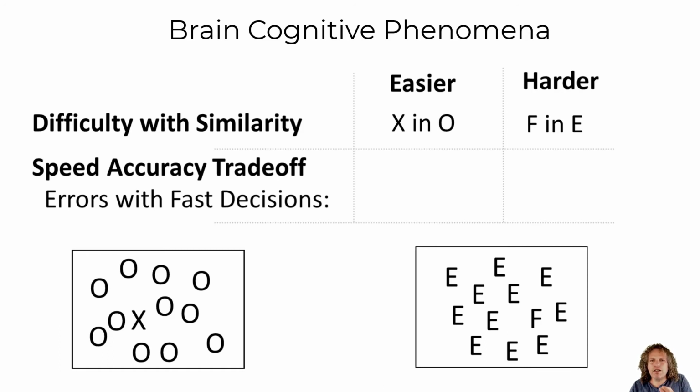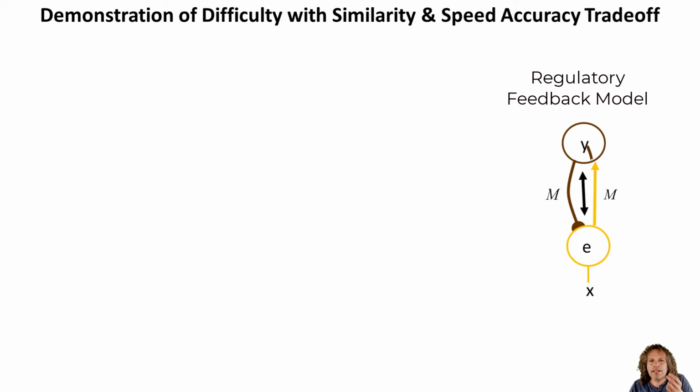Moreover, if we are forced to make a decision quickly with more difficult patterns, we will make more mistakes. This is called speed accuracy trade-off, and it happens in all other modalities, including sound and smell as well. The regulatory feedback model inherently shows difficulty with similarity and speed accuracy trade-off.